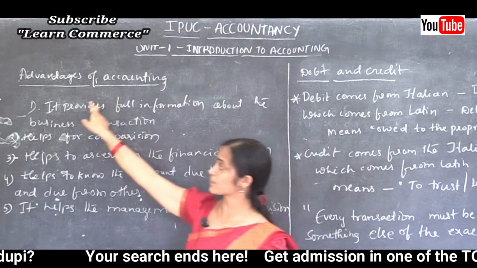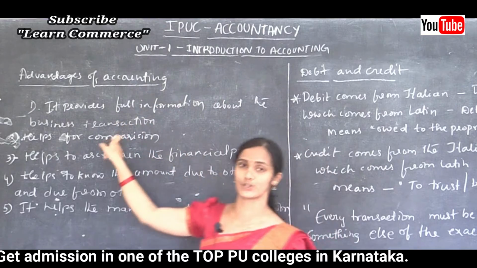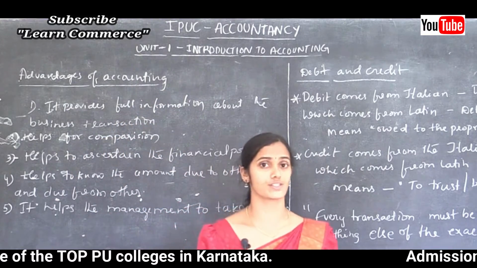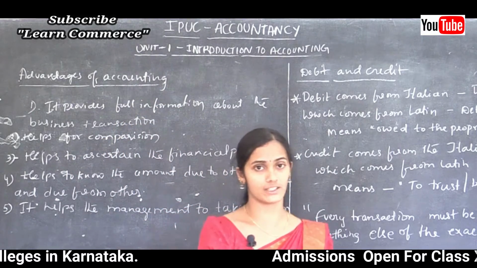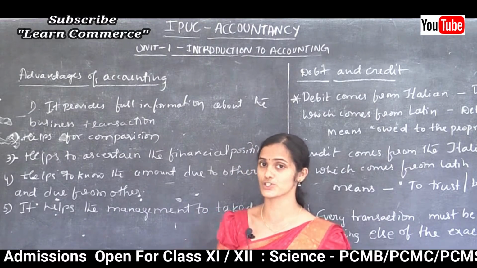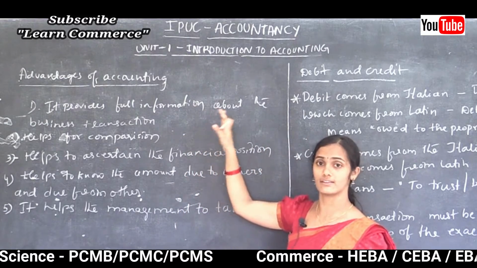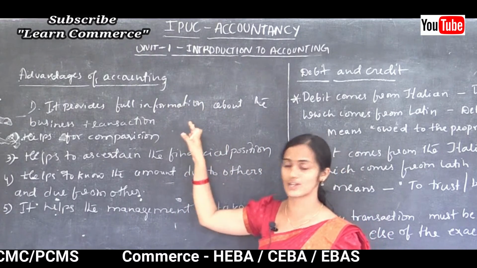So it provides full information about the business transactions. All the transactions that happen within the organization are recorded in the books of accounts, so at the end of the period an entrepreneur can analyze all the transactions.